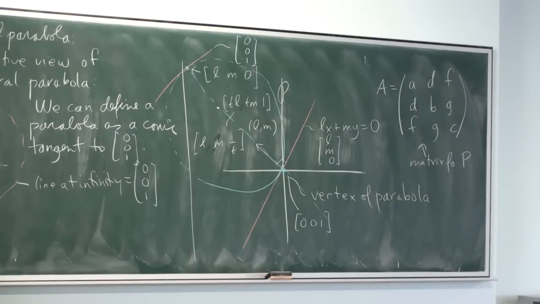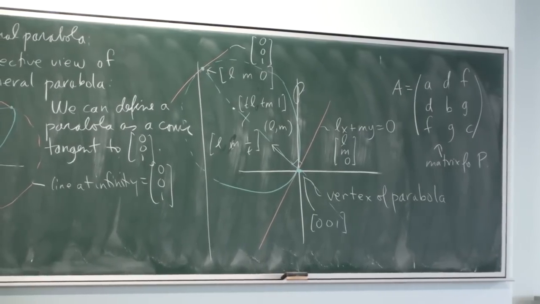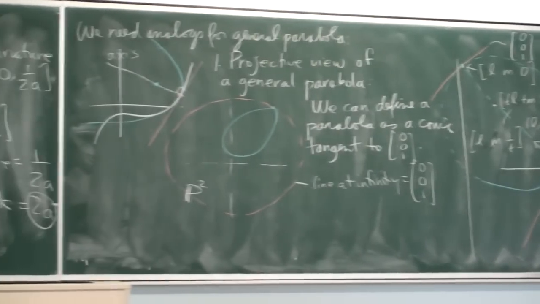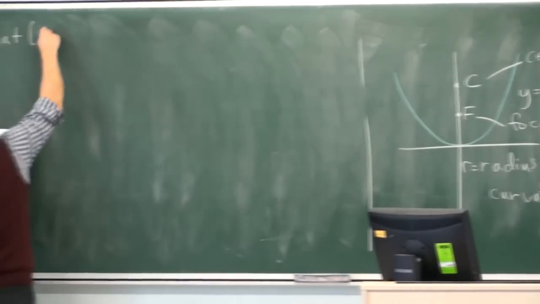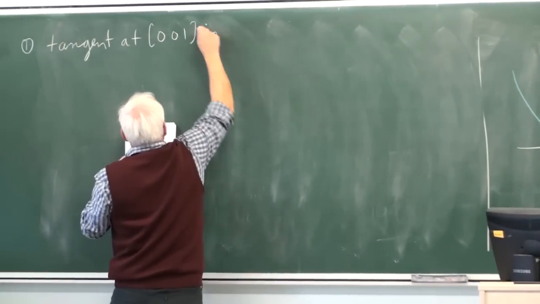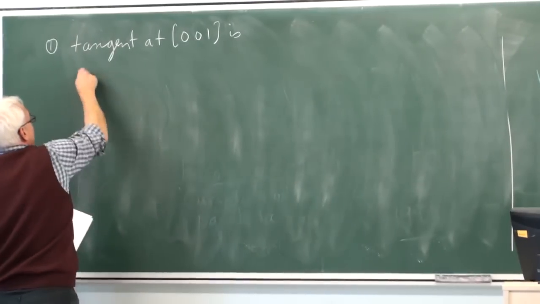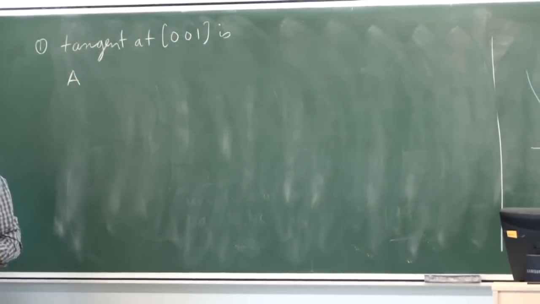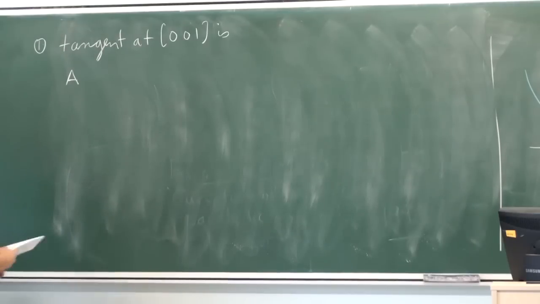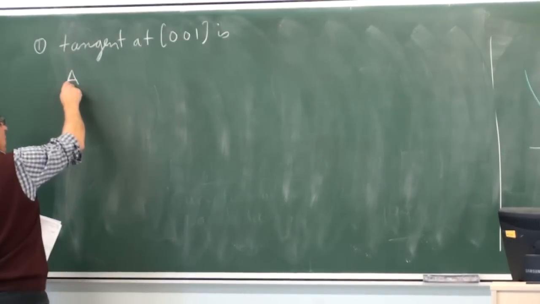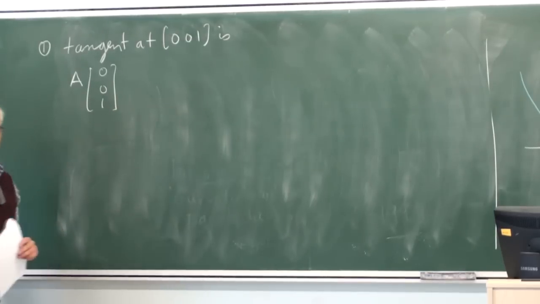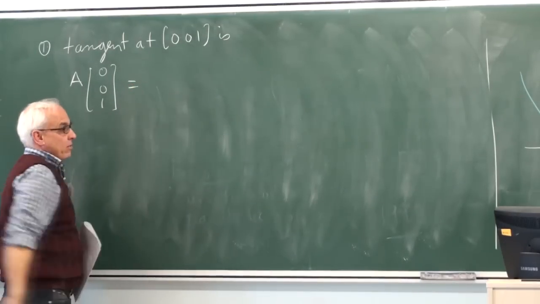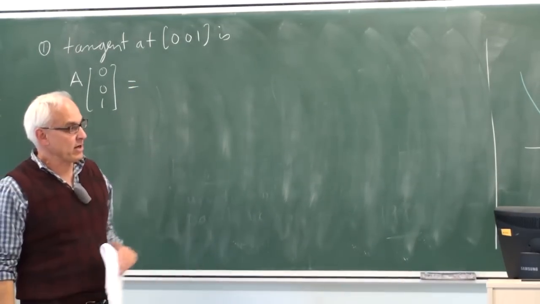All right, so let's have a look at the two conditions that we want to have satisfied. The first condition is the tangent at (0, 0, 1). Well, we know how to get the tangent of a conic at a point. What we do is we take the matrix for the conic times the transpose of the point. When we do that, we just multiply by that matrix there.